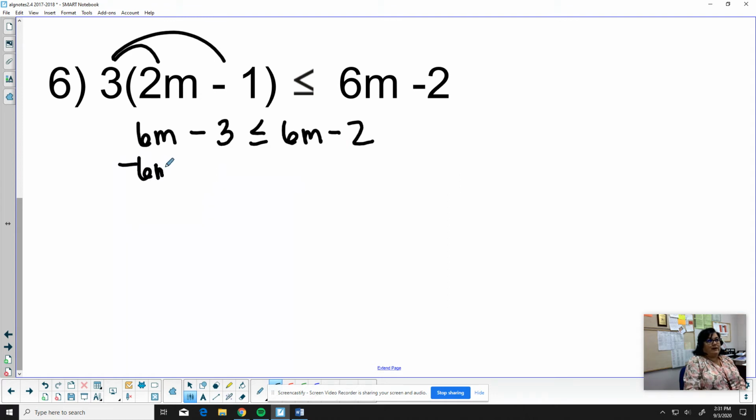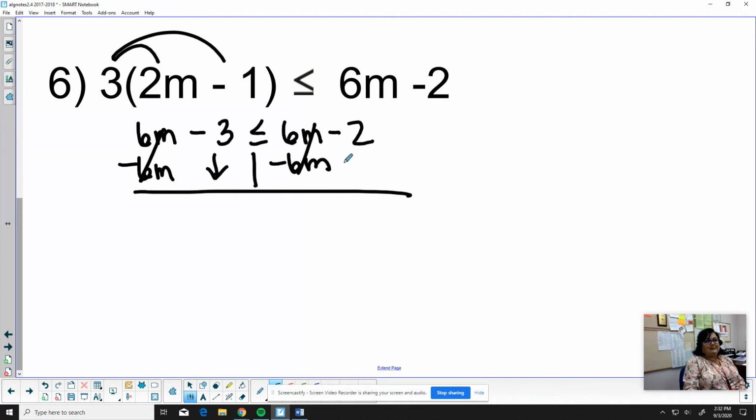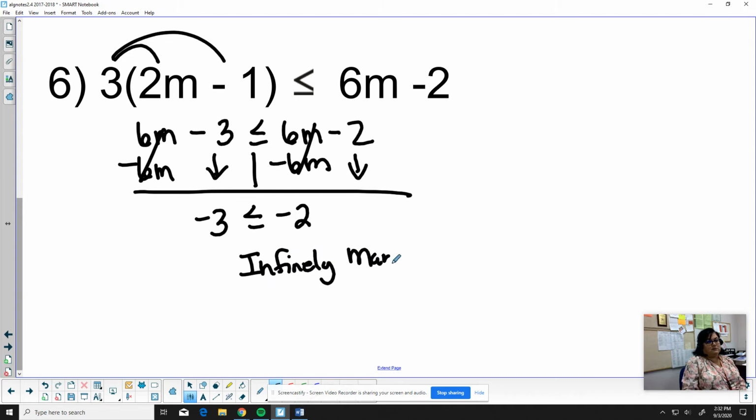So I'm going to subtract 6m on both sides, and I notice that they both cancel. So I drop the constants to see if this is true. So -3 is less than or equal to -2. Well, -3 is smaller than -2. This is a true statement. So since this is a true statement, the answer is infinitely many solutions.